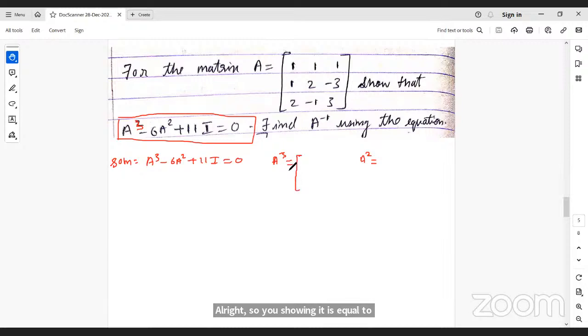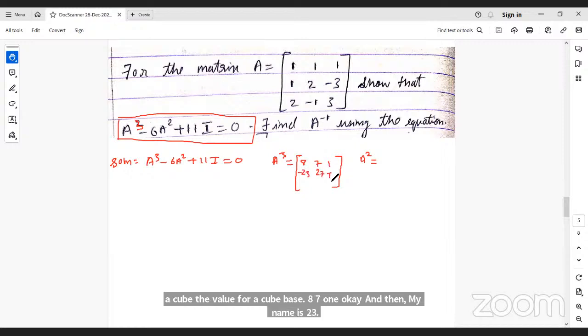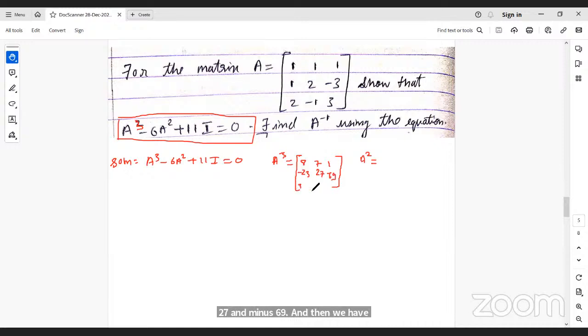The value of A cube is 871, minus 23, 27 and minus 69, and then 32, minus 13, and 58. Okay, that is the value of A cube.